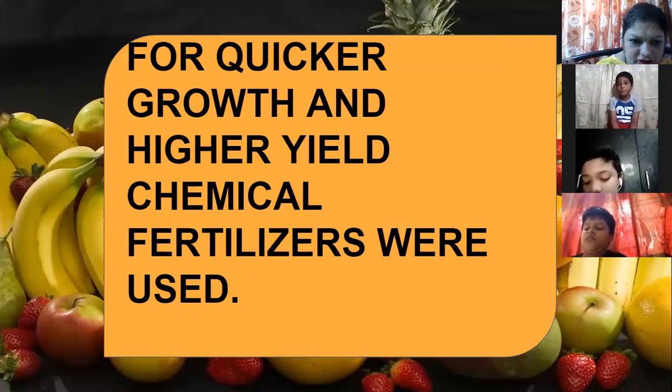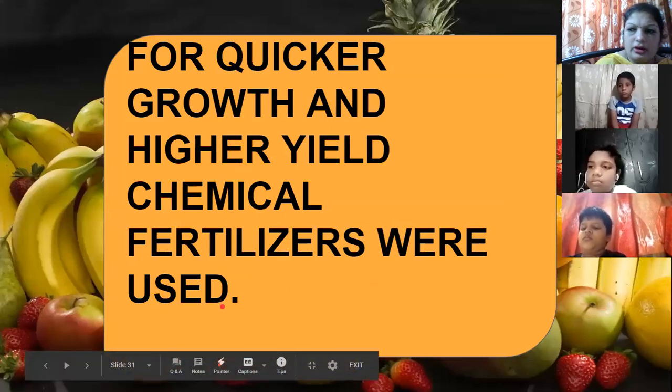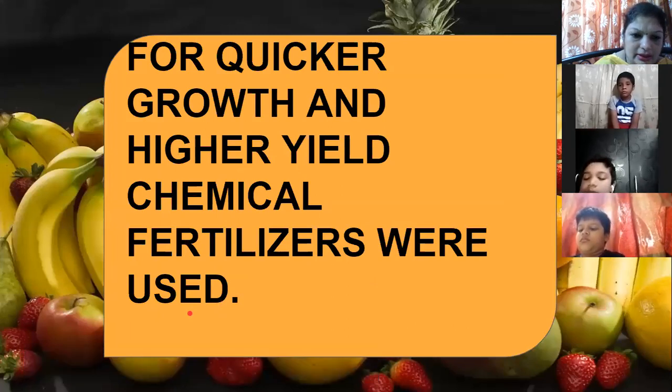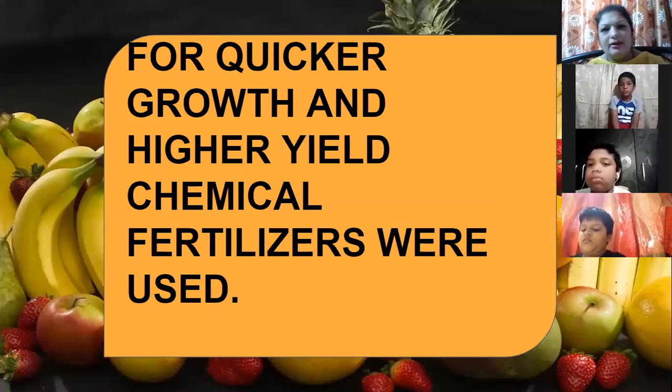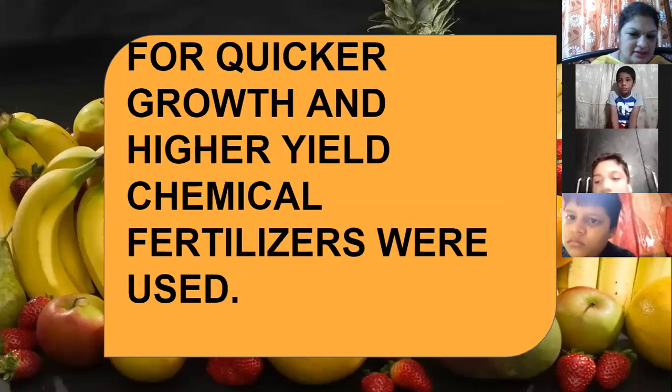With a good production, okay, in a good quantity. So for quicker growth and higher yield, chemical fertilizers were used. If you want growth in the crops very quickly, I'll give an example here also, about natural fertilizers and chemical fertilizers.